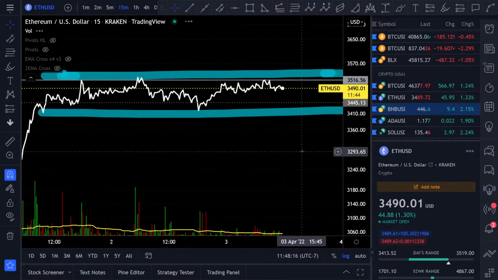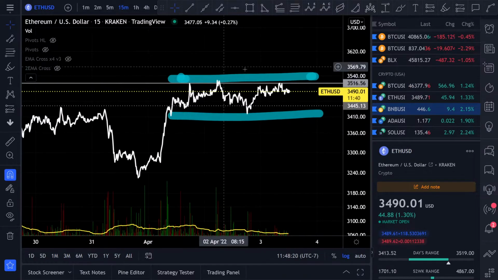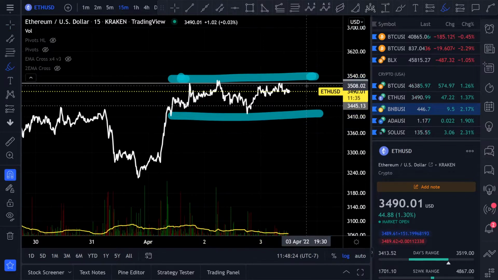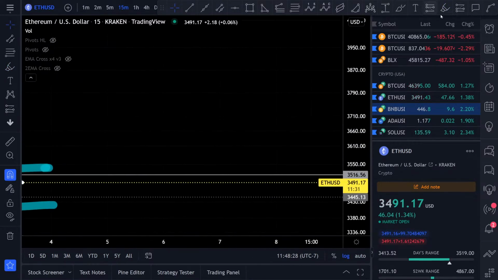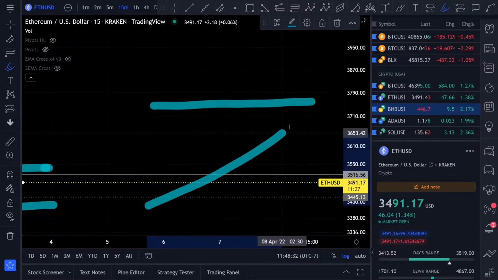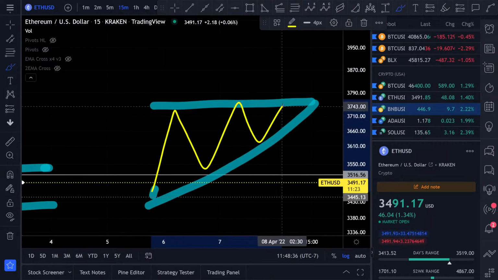It depends on your time frame, right? On a 15-minute, this is not an ascending triangle. This is consolidation. For an ascending triangle, yes, you have the resistance on top, but the price has to be doing this inside of the triangle.